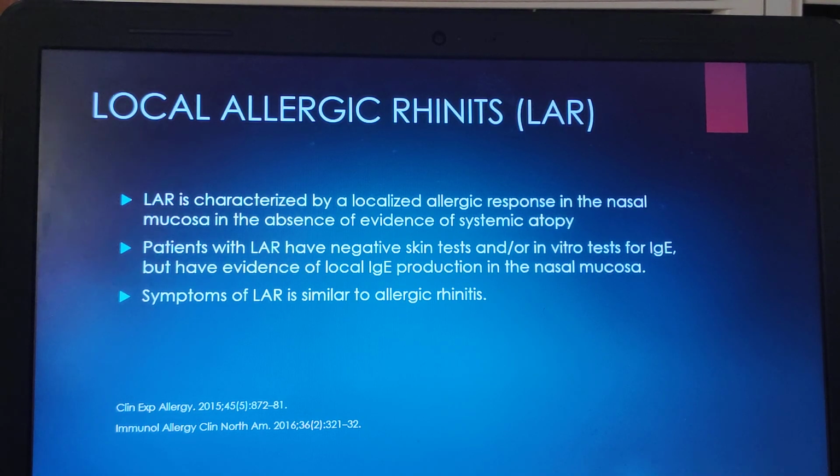The patient has no history of any atopy, and the skin test or the specific test which is done for allergies is negative. But in the nasal mucosa, there is a high production of immunoglobulin E. So there is a very localized problem which is limited to the nasal mucosa, whereas the symptoms of allergic rhinitis and local allergic rhinitis are almost the same.